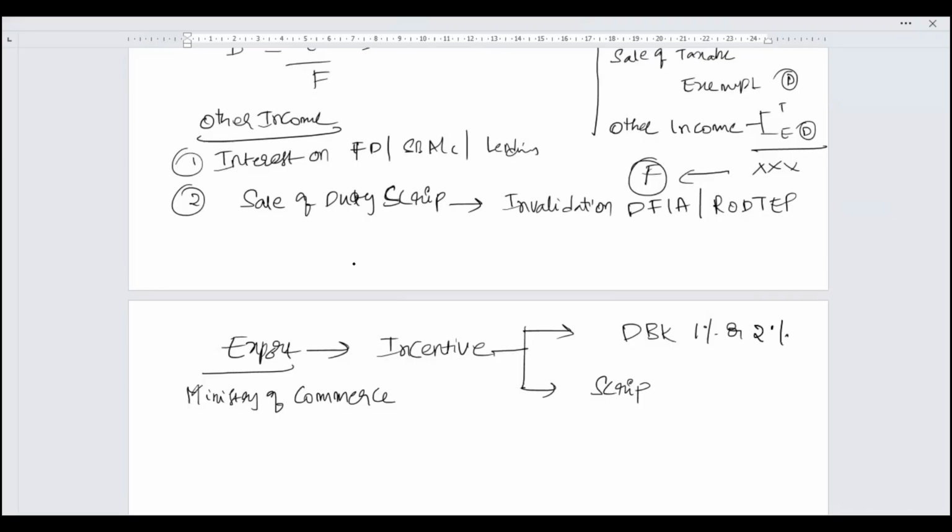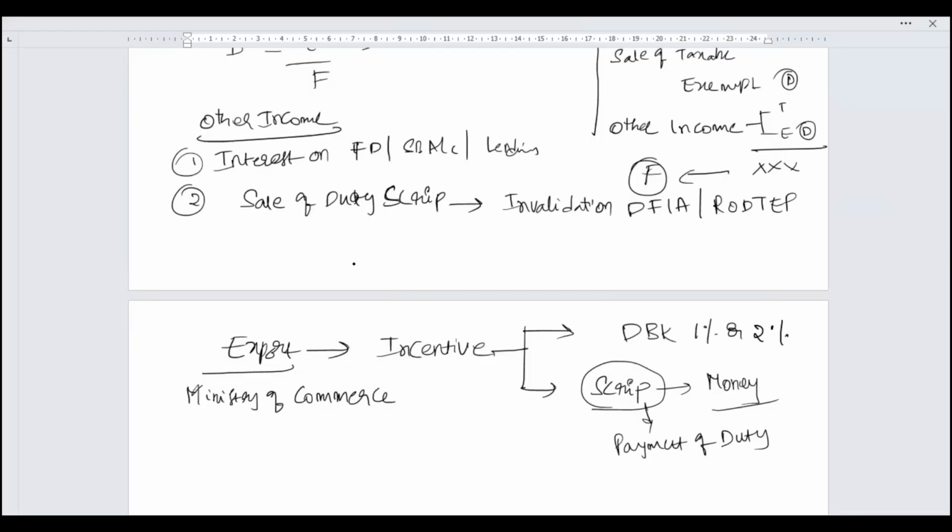Then there is something called duty script, which is similar to money. I use this script for payment of duty. Now, government says that, look, in addition to duty drawback, I have a scheme, I have a mechanism. When you export goods to a particular country, when you export goods of a particular pattern, on those goods I give a script which is like loaded currency. We call negotiable instruments, like your bank guarantee or bill. Like assuming I have sold goods to you.